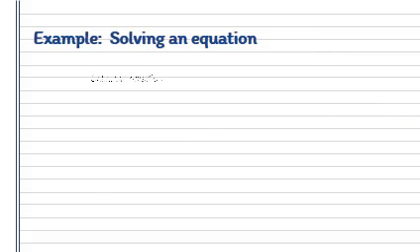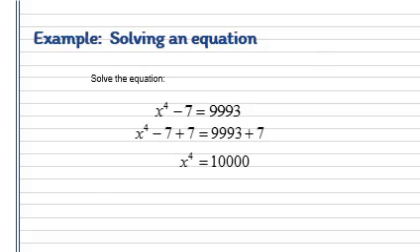Now solving an equation. Suppose you have x to the power of 4 minus 7 equals 9,993. So this will give me x to the power 4 equals 10,000. How can I solve this? When we used to have, for example, x squared equals 9, we used to tell you that you can put a radical here.